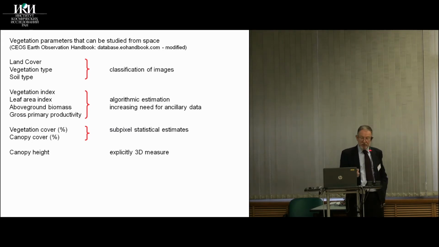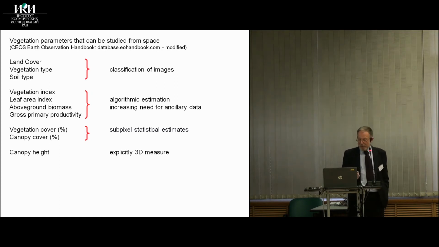Well, if we take the Committee for Earth Observation Satellites Earth Observation Handbook, which, if you don't know it, I highly recommend to familiarise with, I've abstracted what the CEOS handbook says about the vegetation parameters that can be measured from space, and I've reclassified them here.